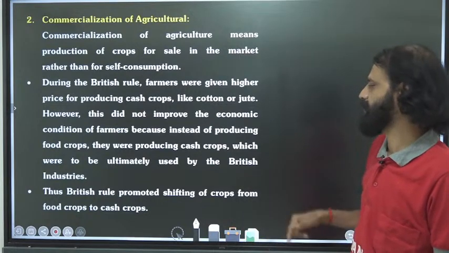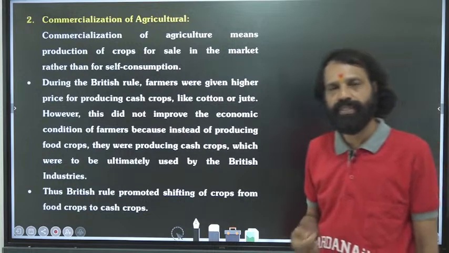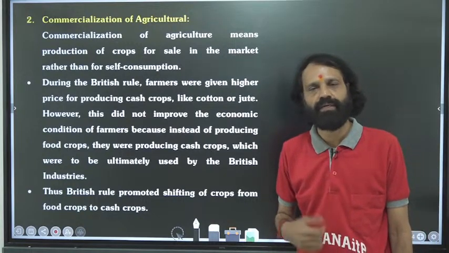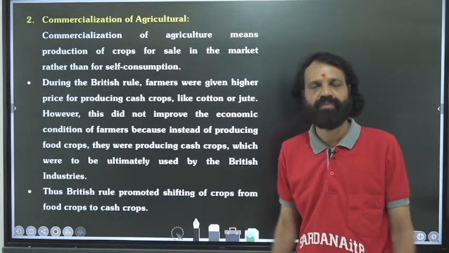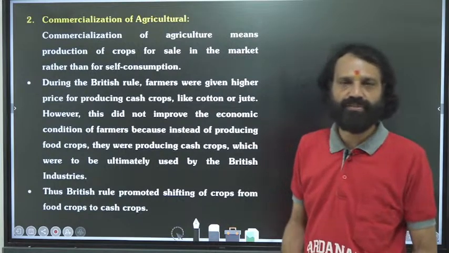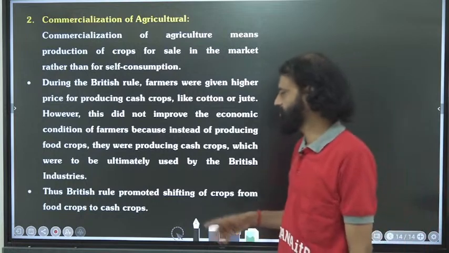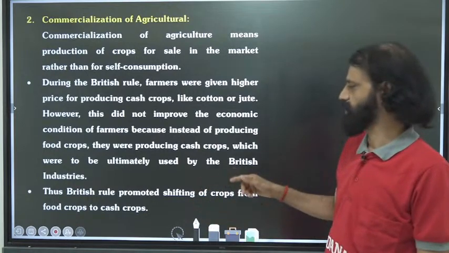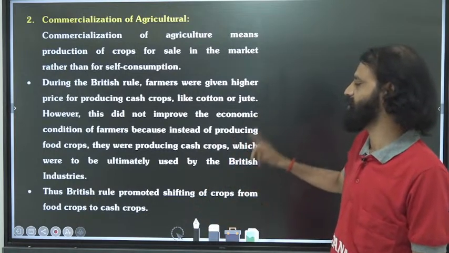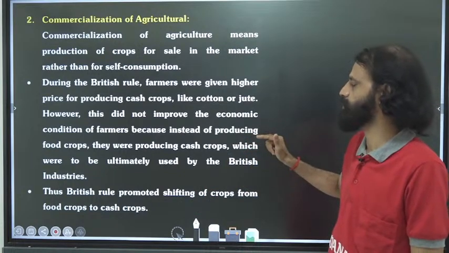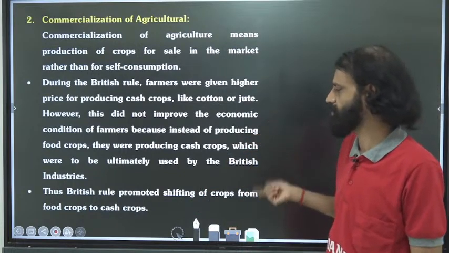Ultimately, Britain's economy was developing. They have taken natural resources, raw materials, everything to Britain, and Britain for what? For developing their own interest and their own country's progress. That was their ultimate aim.